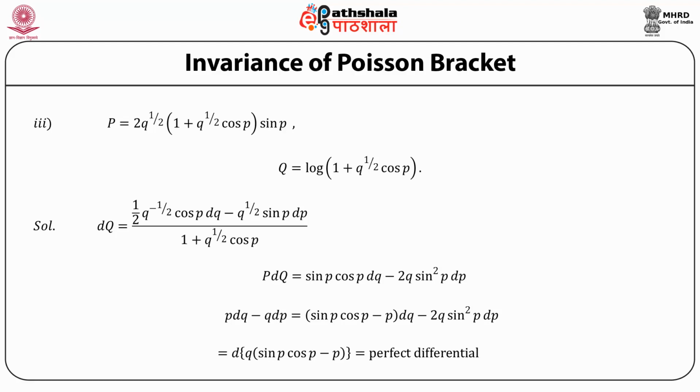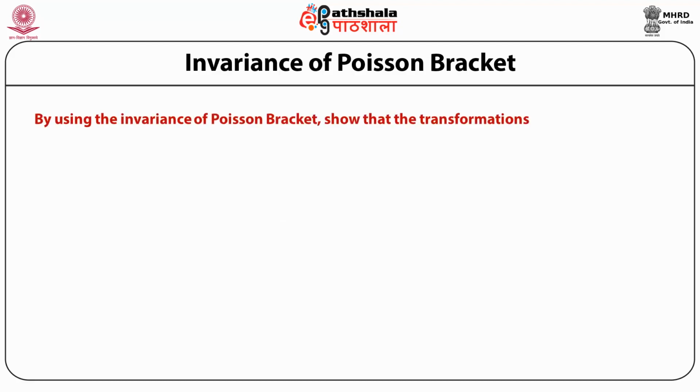As another example, using the invariance of the Poisson bracket, we have to show that the transformation small q equals square root of 2P sine Q and small p equals the old momentum in terms of the new coordinate is canonical.